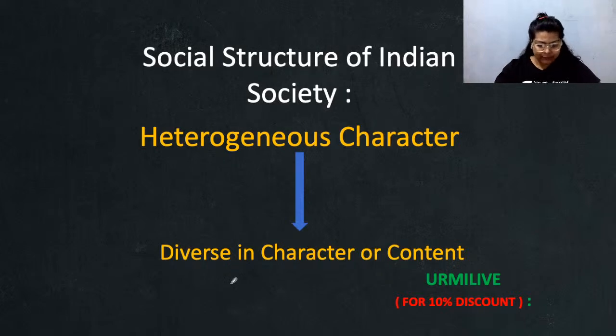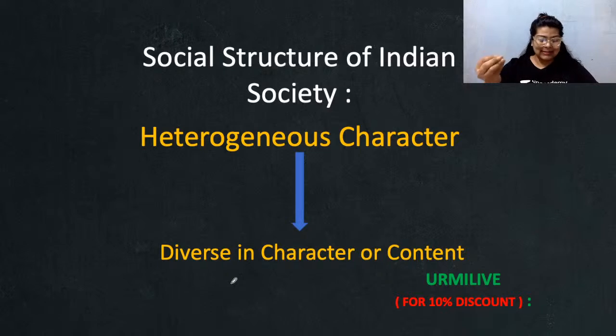You can ask me. Any questions? Okay, Opula is saying there are polls. All right. Opula is asking, what do you mean by heterogeneous? Opula, heterogeneous basically is diverse, the same thing.